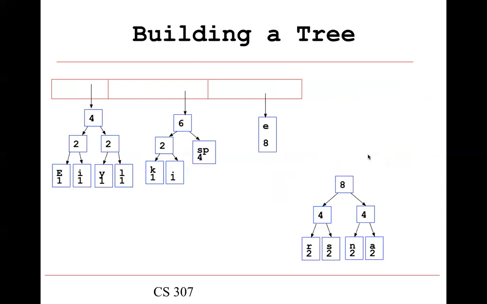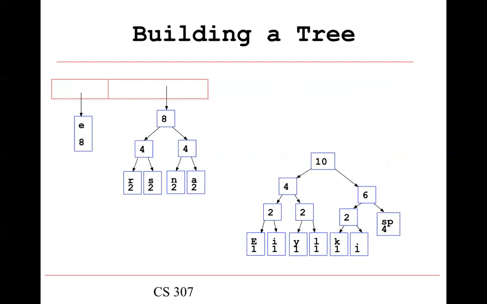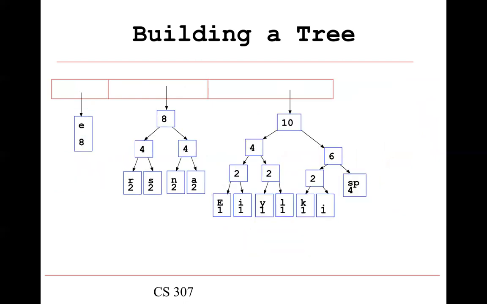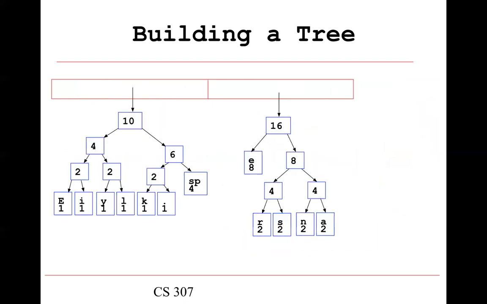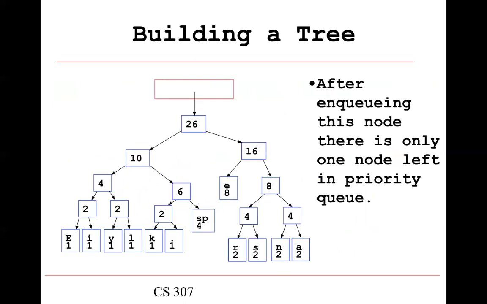Okay, let's continue the process. Dequeue, enqueue, dequeue, enqueue. Now there's only one node in my priority queue, so we can get this node from the priority queue. That's my final Huffman tree.